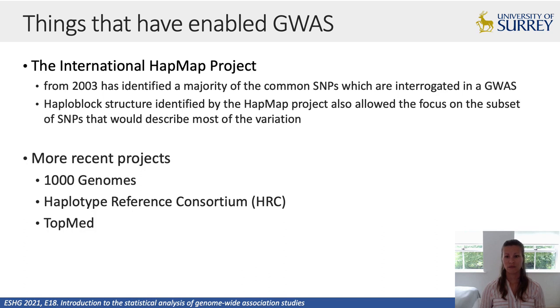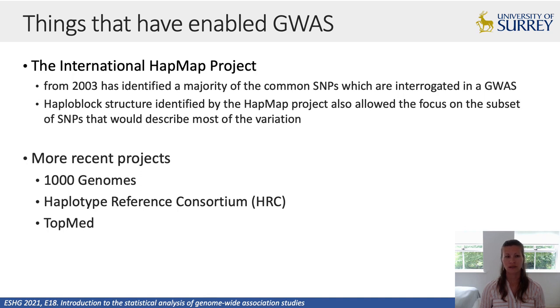There are a couple of projects that need mentioning that have enabled GWAS. First of all, the International HapMap project has identified a majority of the common SNPs, single nucleotide polymorphisms, that are analyzed in a GWAS.